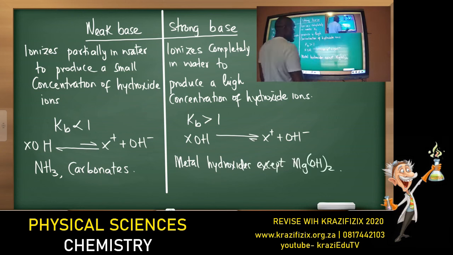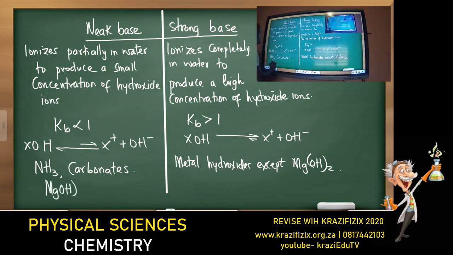So when you have your metal hydroxide, aluminum hydroxide, sodium hydroxide, potassium hydroxide, all of those except for Mg, because Mg doesn't dissolve well in water. So I can come here and put Mg(OH)2. So, we've over answered that question.